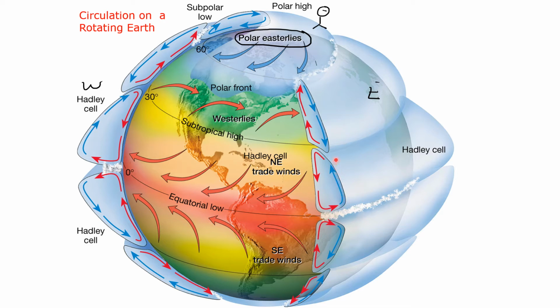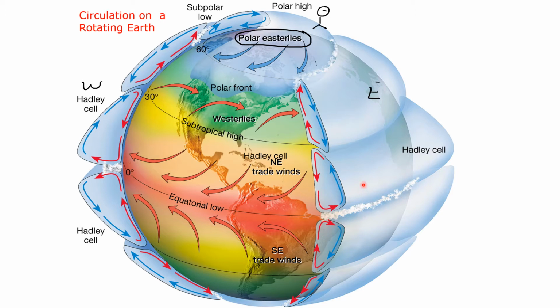It begins to cool off. So it starts sinking and heading back toward the equator. And when it does, Coriolis deflects it to the right. Winds are named for the direction that they come from. So these are coming from the northeast. These are the northeast trade winds.